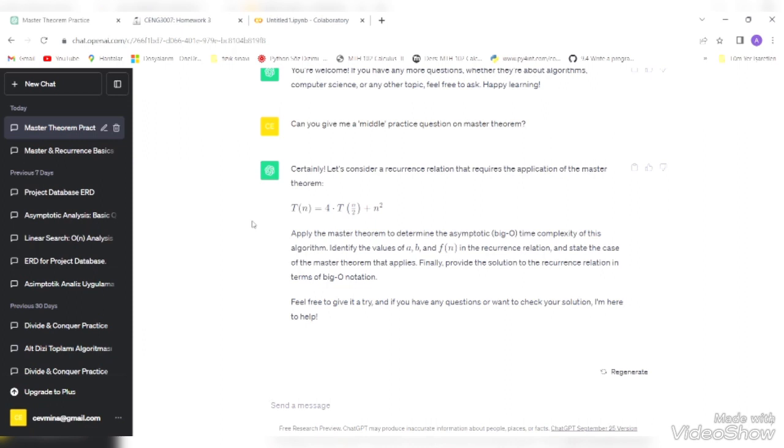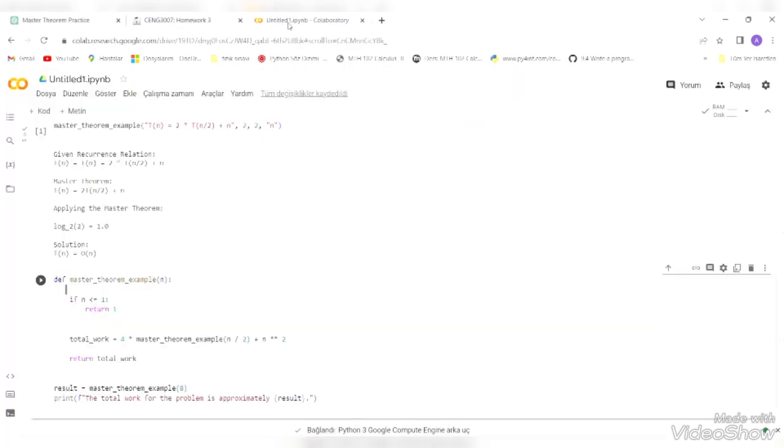As the problem gets bigger, the time it takes grows really quickly. So, without getting into the nitty-gritty of the formula, we can say the time it takes is proportional to n squared.